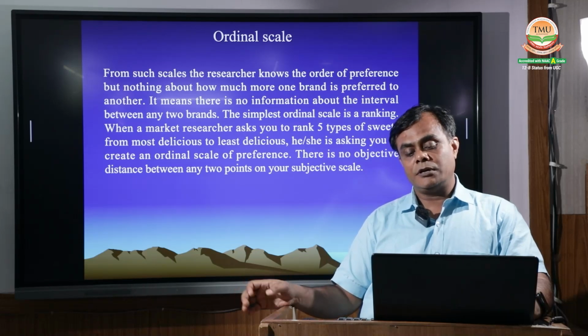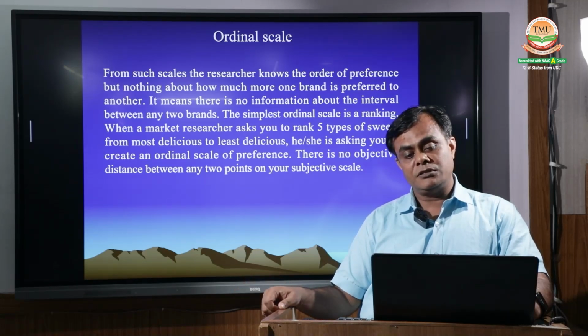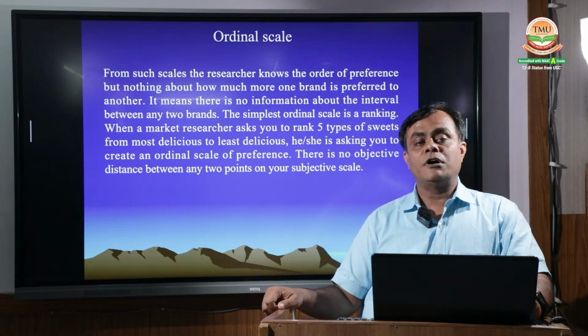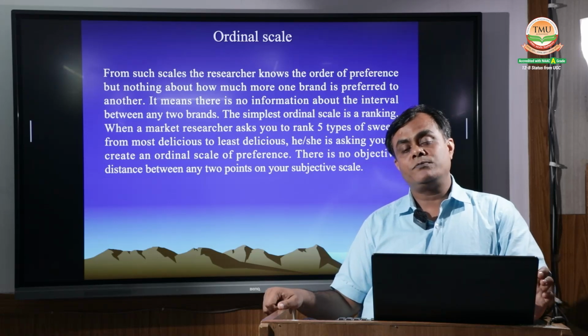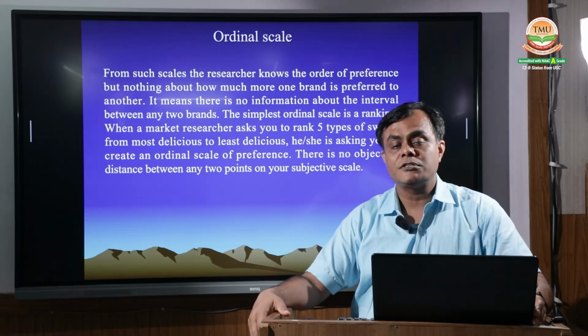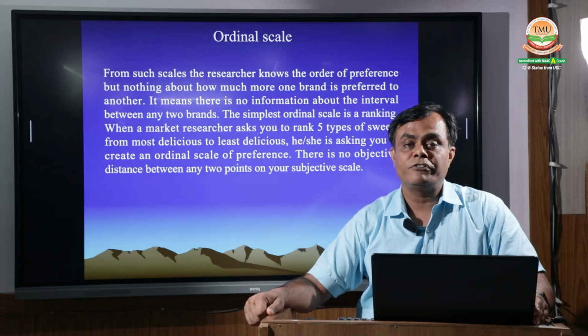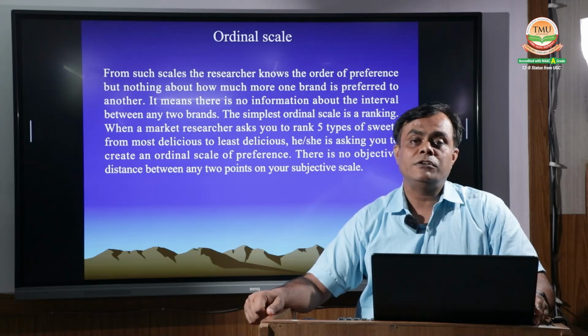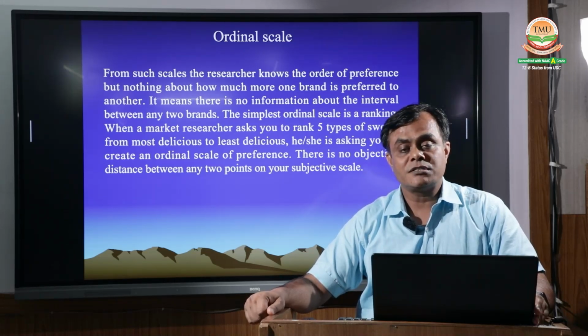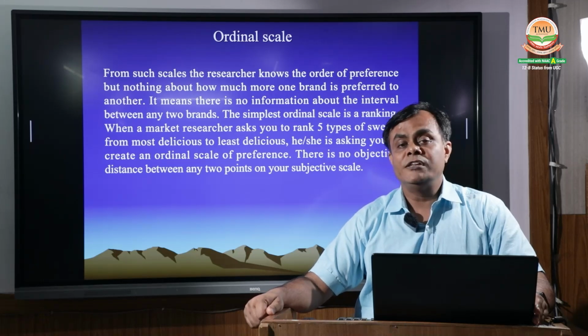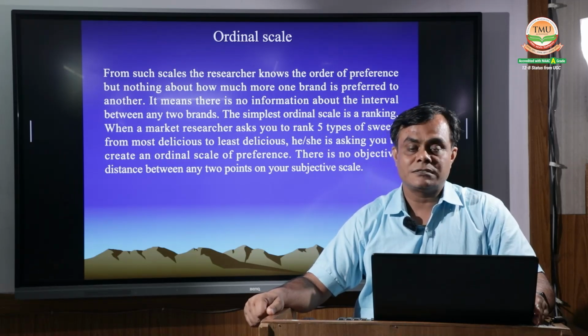So there is an example given in this slide: if you have to taste 5 sweets, on the basis of your taste you have to rank those sweets from 1 to 5. The one you like most is given the first rank, and the least liked is given the last rank.